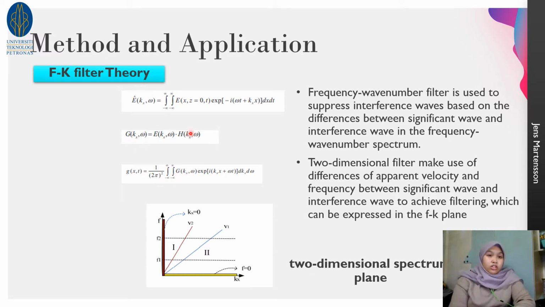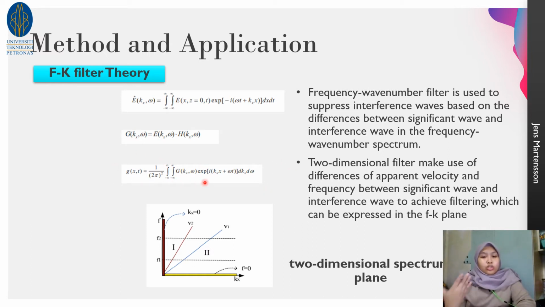What are the symbols here? H(k,w) is the filtering function. G(k,w) here is the filter spectrum. By applying a 2D inverse Fourier transform to this G(k,w), we can obtain a spatial radar profile without the interference wave, as shown in this equation.